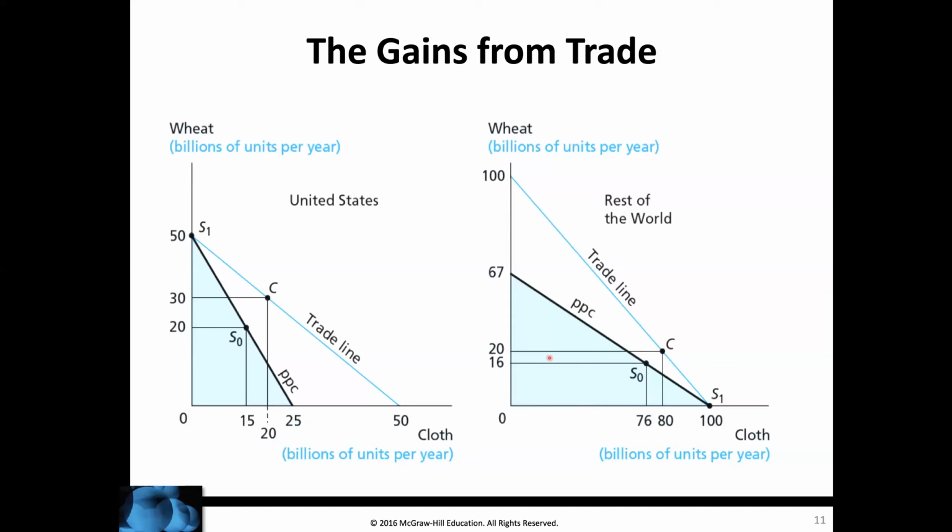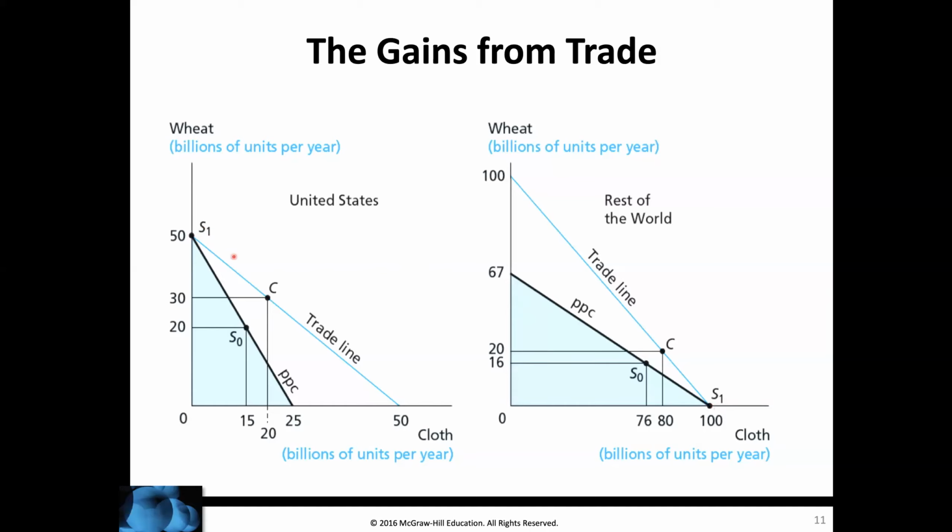So when trade is opened up between the United States and the rest of the world, the US will produce at this point S1. They're going to produce wheat because that's what they have a comparative advantage in. And the rest of the world will produce cloth, which gives them their comparative advantage.